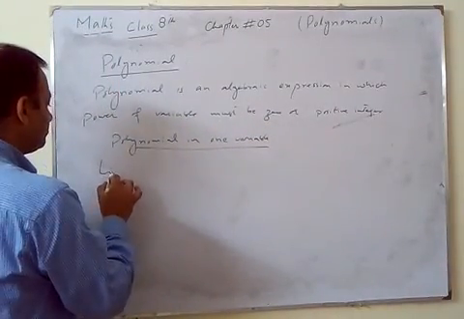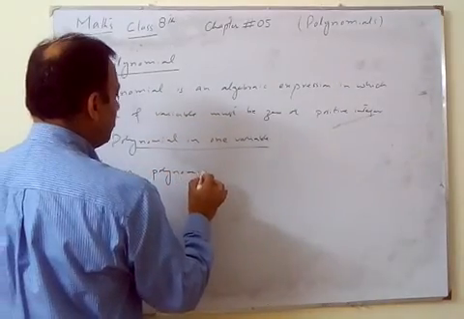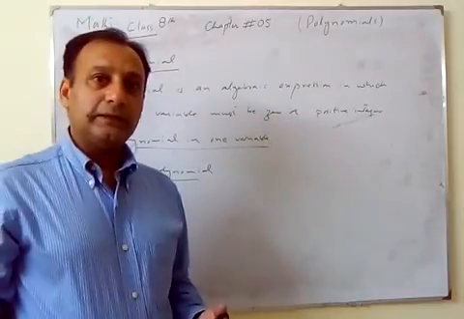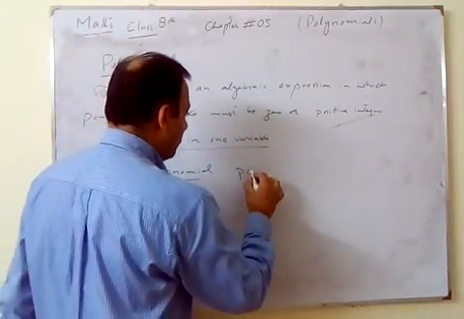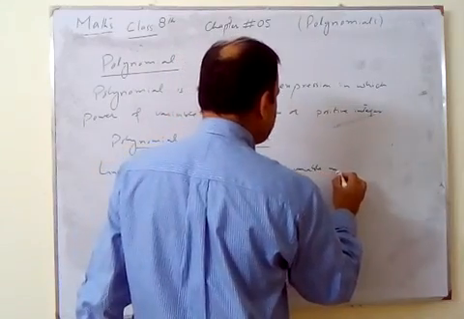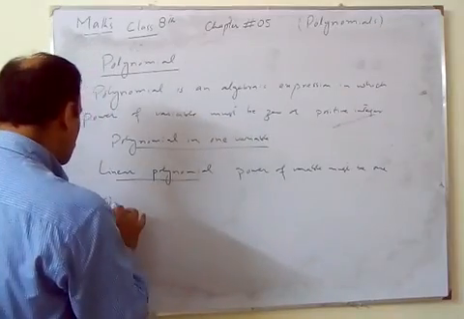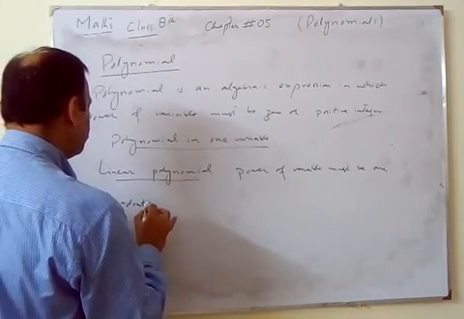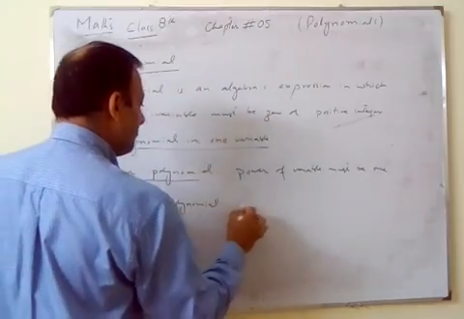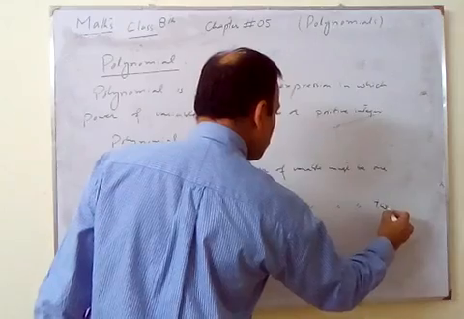A linear polynomial means the power of the variable must be 1, and a quadratic polynomial, the power of the variable must be 2.